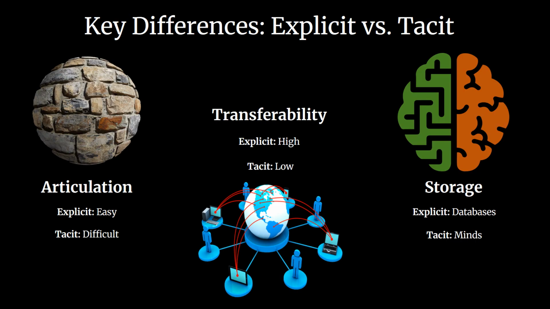Learning explicit knowledge involves formal training and learning tacit knowledge requires experience, observation, and mentoring. For example, following a recipe is an explicit part versus knowing how and when to adjust ingredients based on the smell or texture is the tacit part.